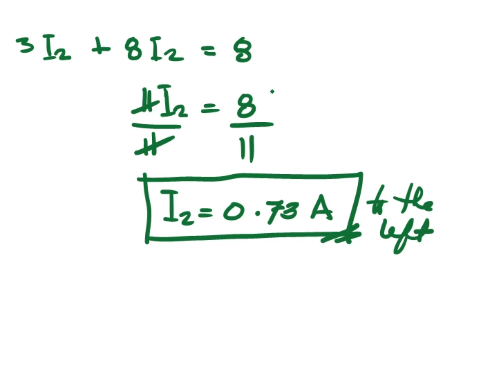Again, I would like to remind you that in solving circuits using Kirchhoff's, you just have to be consistent with your conventions. For assigning the direction of the current, you just have to assume whatever direction, but you have to be consistent in assigning the terminals of the resistors.